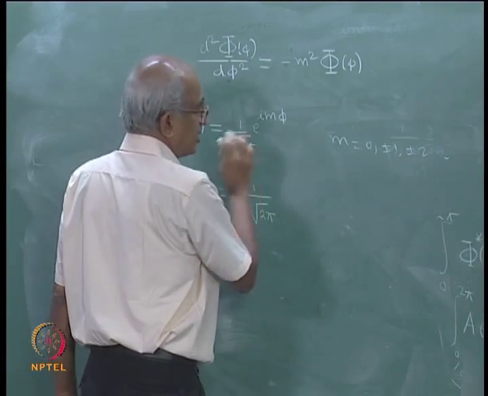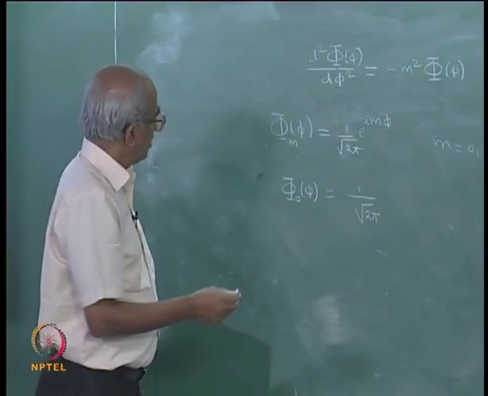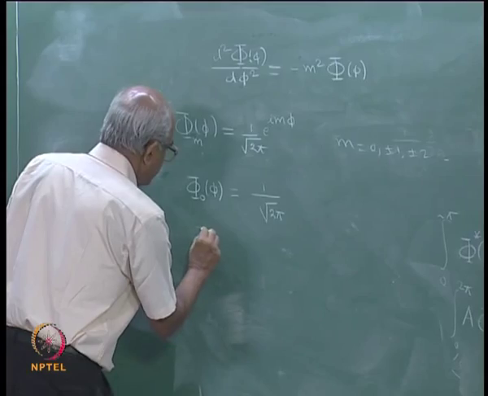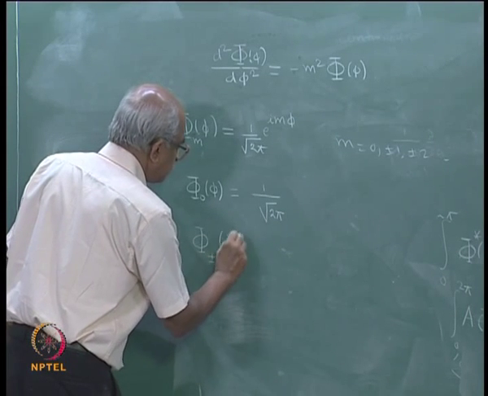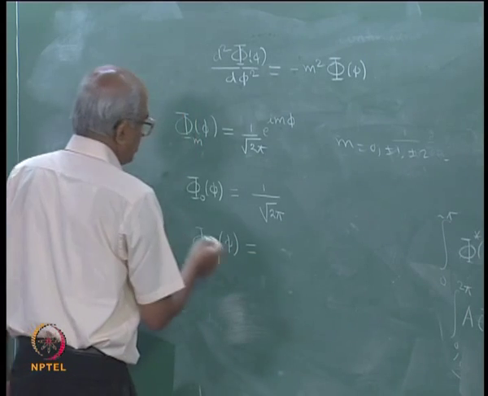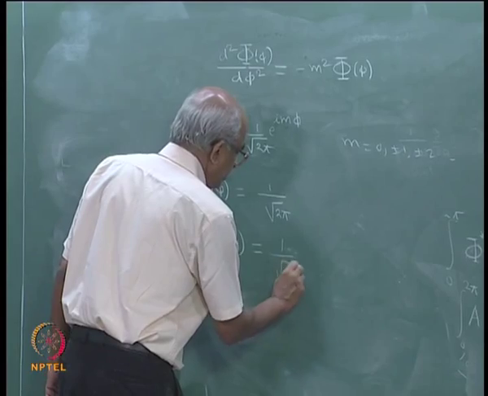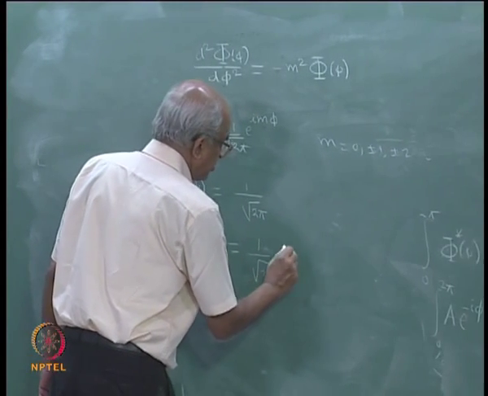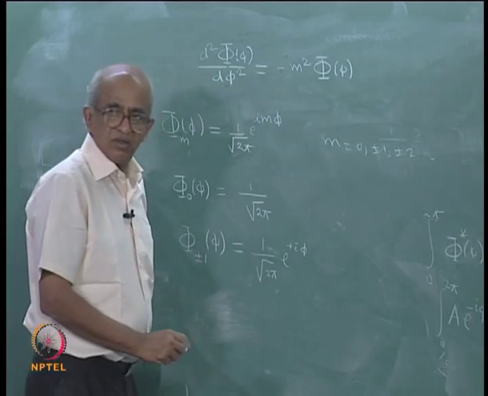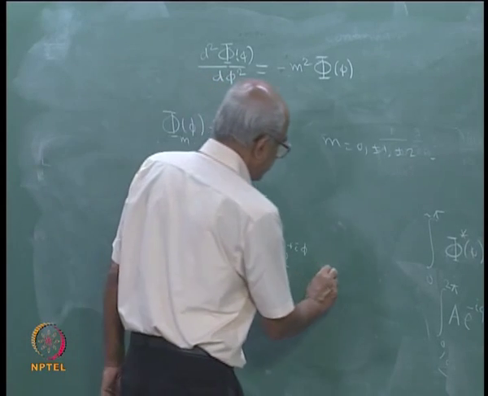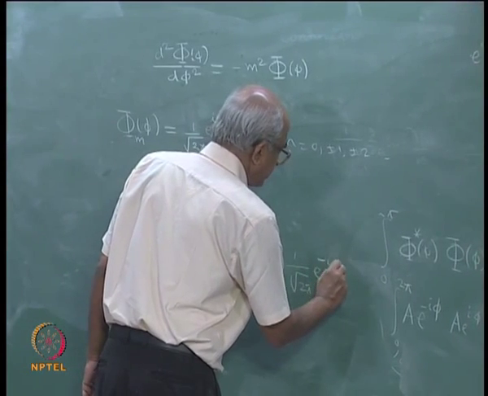What will happen to this part? If m is 0, it is just a constant, and then you can think of m either plus 1 or minus 1. What will you find? You will find that the answer is 1 by square root of 2 pi e to the power of either plus i phi or 1 by square root of 2 pi e to the power of minus i phi.